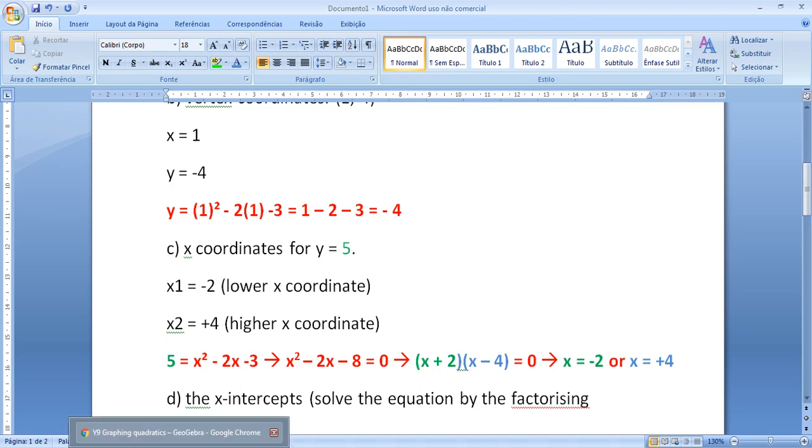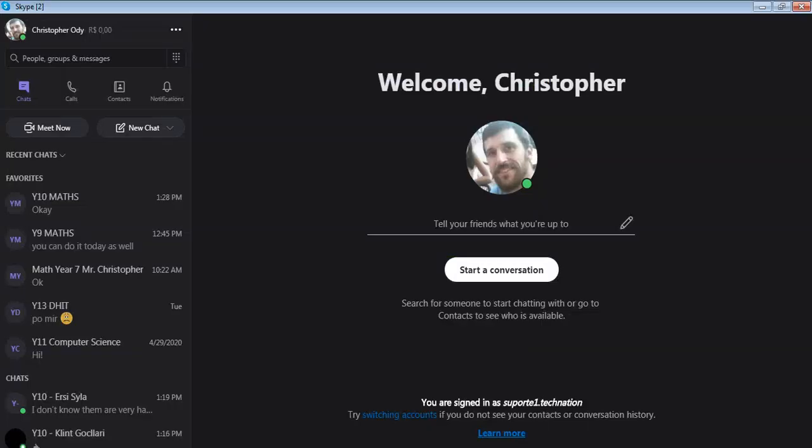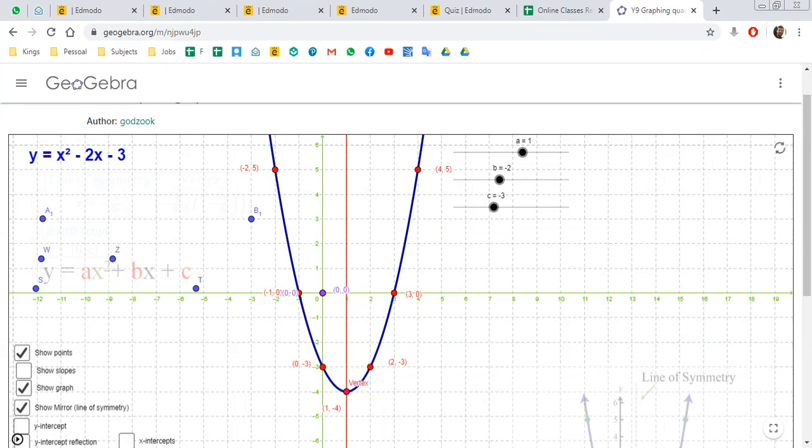Okay, let's check it out here. When y is equal to 5, x is minus 2 here, minus 2 and 4. Okay, so that's it.